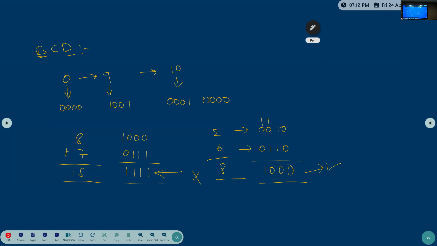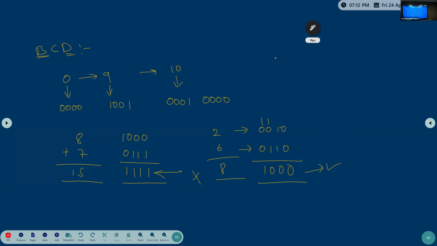So how can I make it BCD format? How can I make this one into BCD format? Adding excess 3. Add extra 3. Why do we need to add extra 3? Any reason? For converting this into BCD code, no, sir.